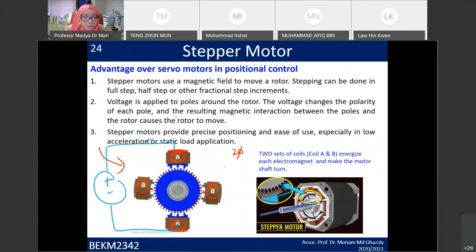And when you apply it to phase B, at the same time, you will see that this one will overlap. It's going to move and overlap because of the current. So this is how the servo motor actually moves.